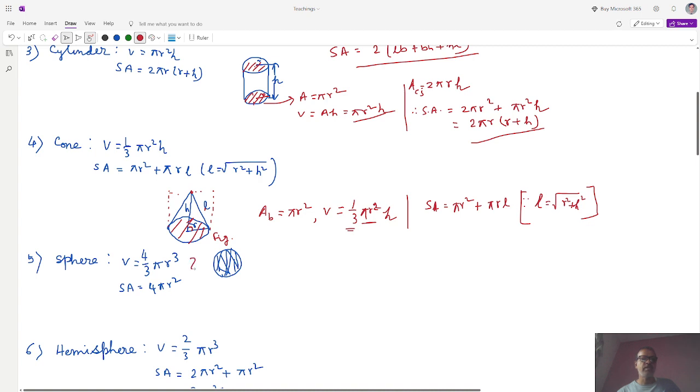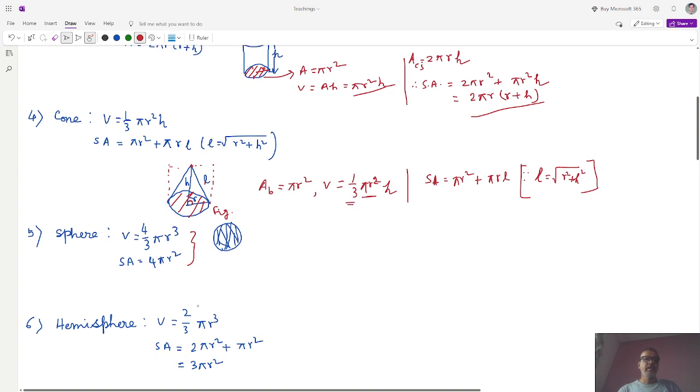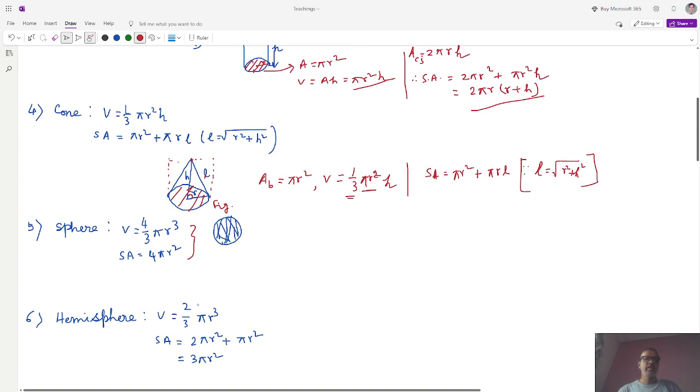These formulas are to be memorized because the deduction of these formulas is not under discussion. So I do not discuss the deduction here. Therefore, I am repeating again, the volume of sphere equals 4 by 3 pi r cube, whereas the surface area equals 4 pi r square.